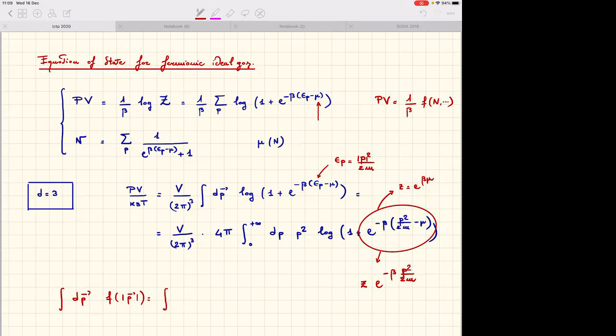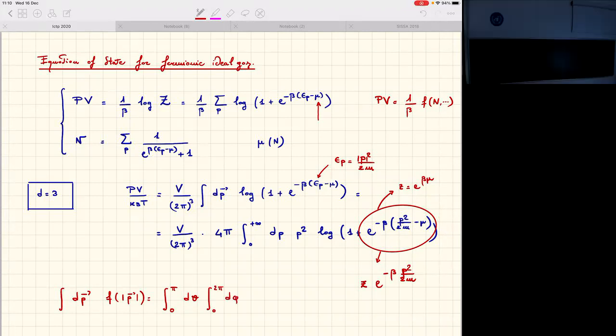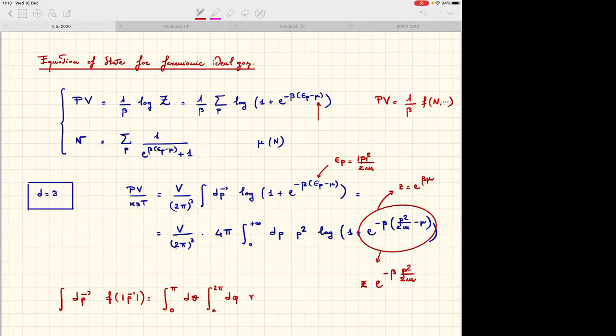So I have the integral between 0 and pi d theta, and the volume element has p squared sine theta, d theta, and then the integral d phi between 0 and 2 pi, of f of p.